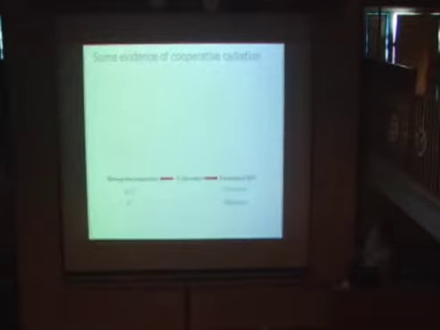This is the second evidence of cooperative radiation. We know that coherence will encode the information in two different aspects: one is in the nutation, one is in the free induction decay. If we use pi/2 nutation, that means the maximum coherence corresponds to maximum emission, the free induction decay.